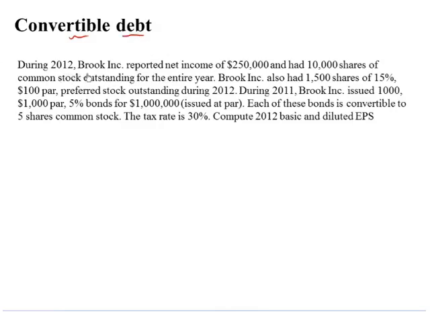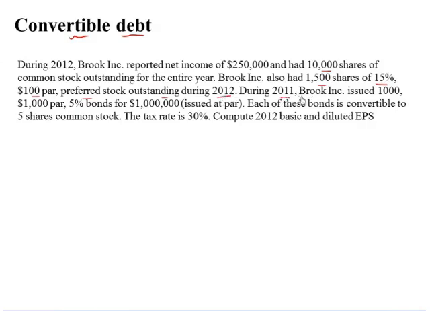During 2012, Brook Incorporated reported a net income of $250,000 and had 10,000 shares outstanding. It also had 1,500 shares of 15% $100 par preferred stock outstanding during 2012, as we saw in the previous example.